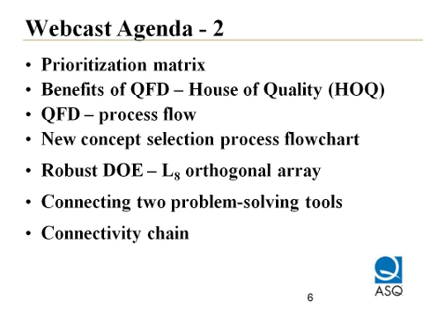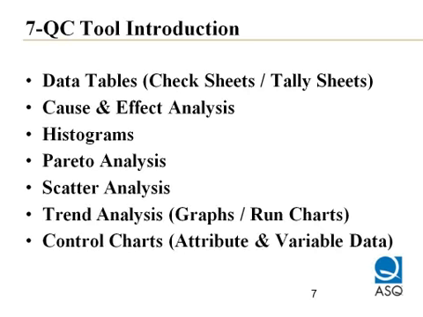As we turn to the end, we talk about connecting two problem-solving tools, specifically cause and effect analysis and design of experiments. And finally, we'll talk about the connectivity chain. But that's what this telecast, broadcast, webinar, webcast, whatever you want to call it, is all about.